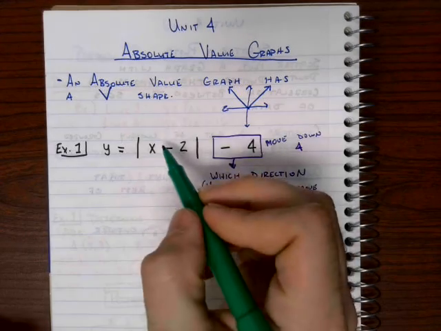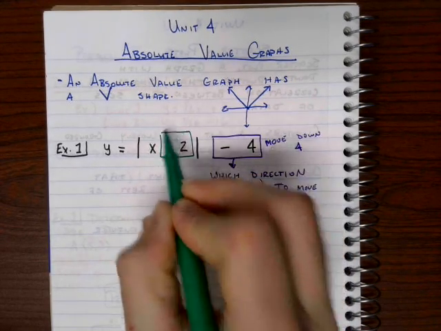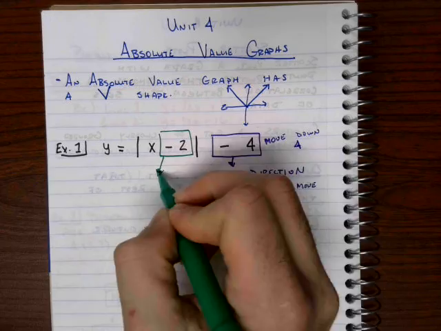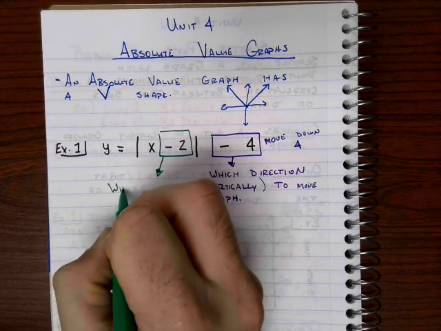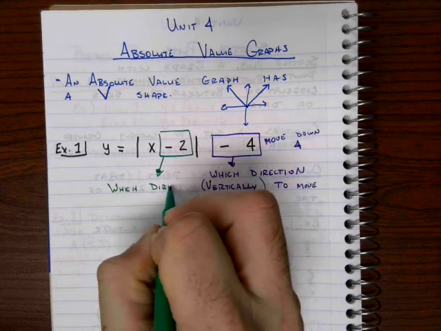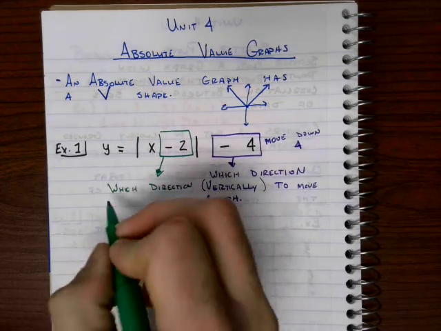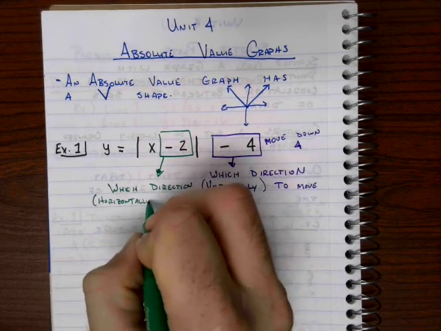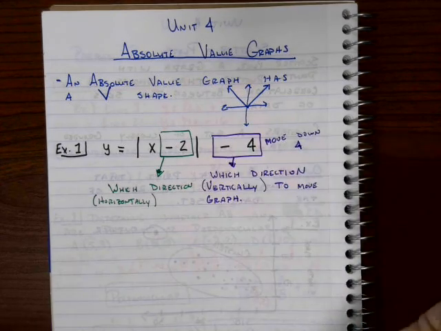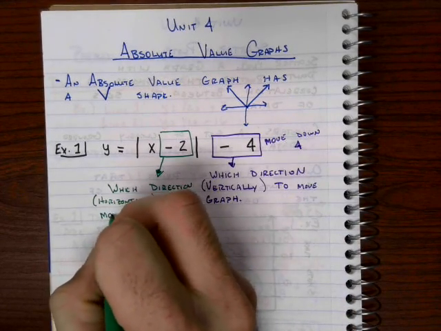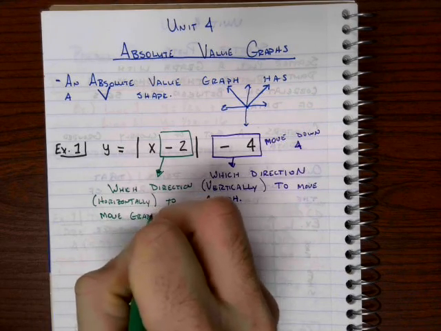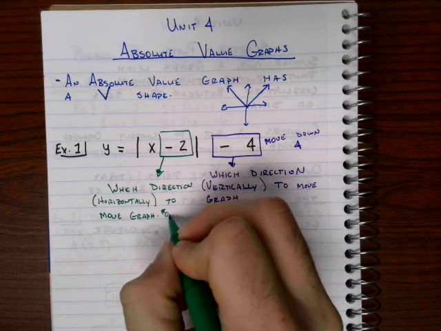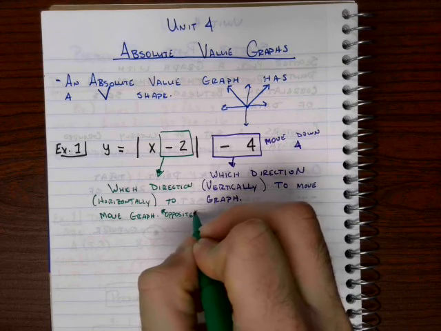The next number, whatever number is here next to this x, if the last one was vertical, this tells us where to move horizontally. So this says which direction horizontally to move the graph. And I'm probably going to spell this wrong, but I'm a math teacher, so it's okay. I'm going to star the word opposite.